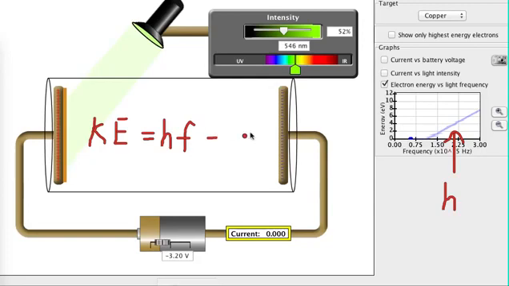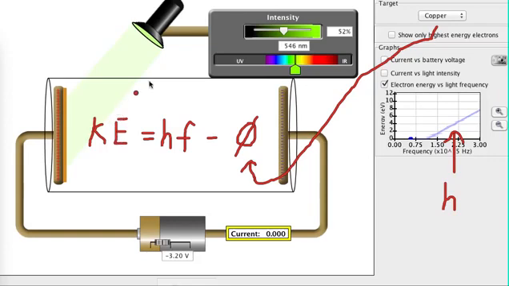And then minus the y-intercept. And it's minus because the y-intercept is below the x-axis. And it turns out that y-intercept is determined by the type of metal that you use. And it goes by the letter phi, standing for the work function of that metal. Each metal has its own work function, and that will help you determine how much kinetic energy the electrons are going to have.